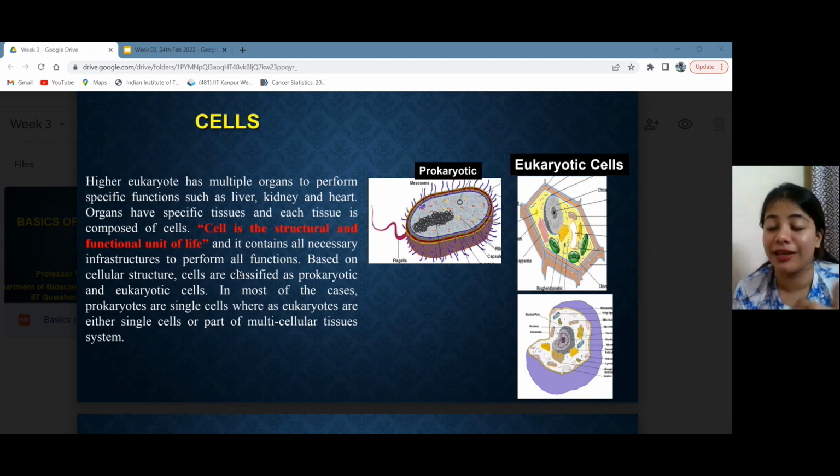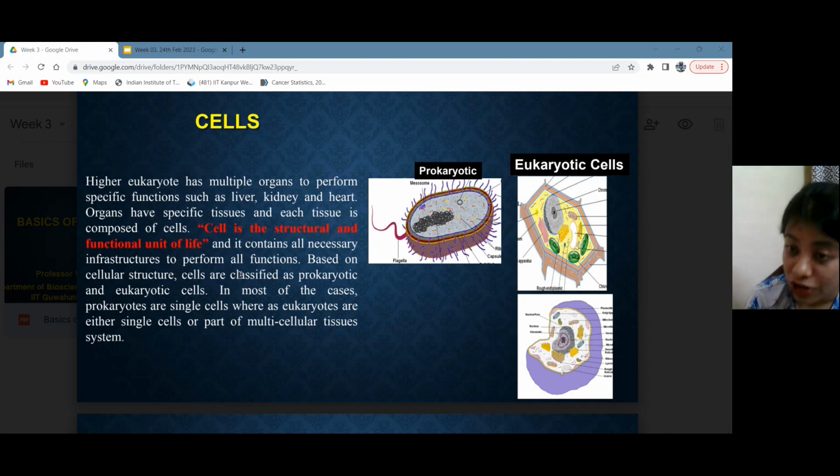However, if you talk about an entire living organism, one cell gives rise to tissues. Tissues give rise to organs. Organs give rise to organ systems and ultimately the organism. So it can be considered the structural or the basic unit of life.